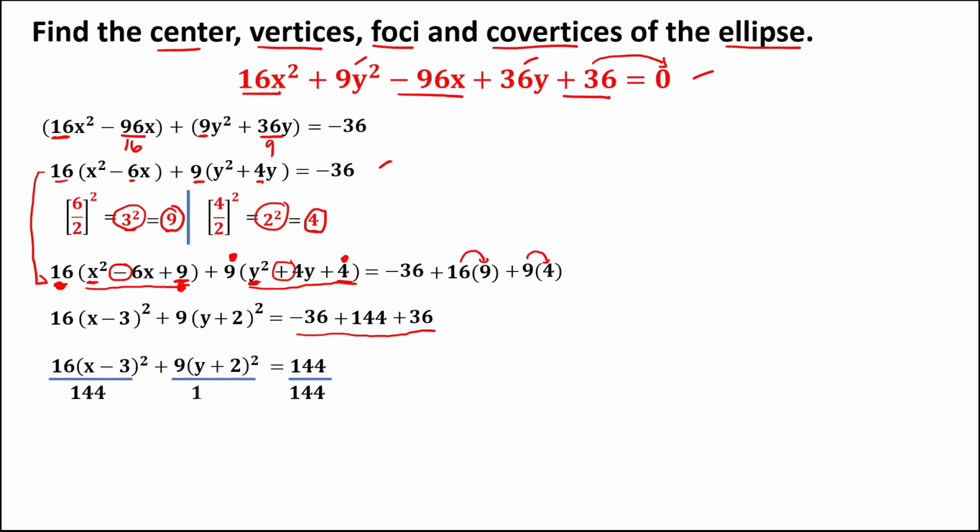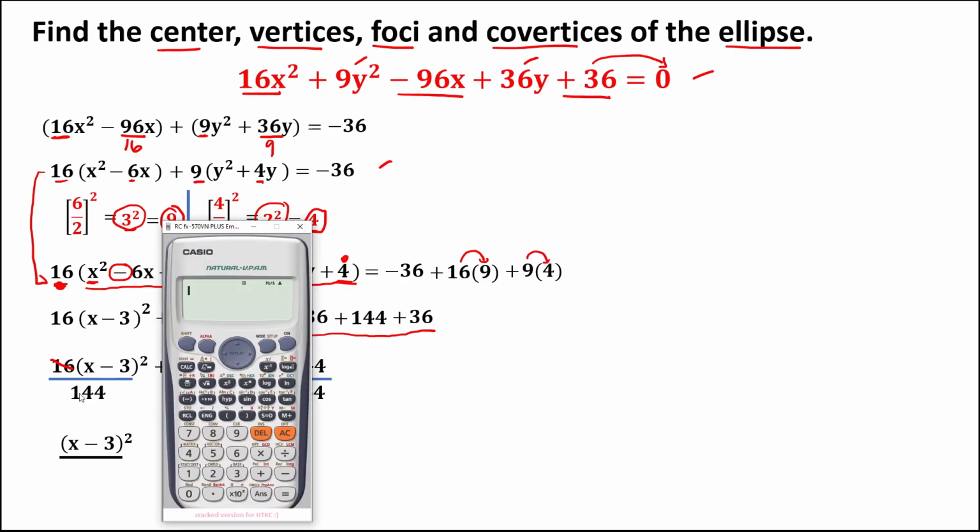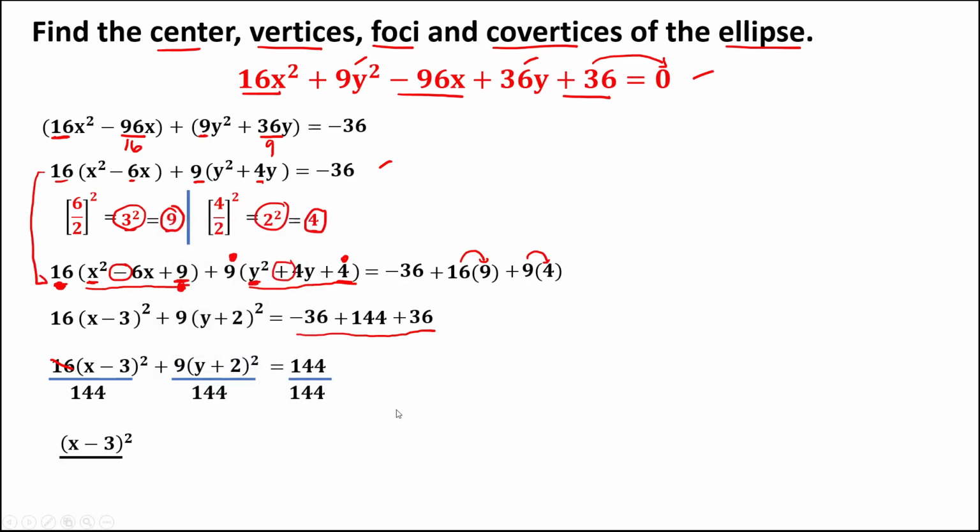To simplify, we cancel the 16, so the remaining is x minus 3 quantity squared over the denominator, 144 divided by 16, which is 9.